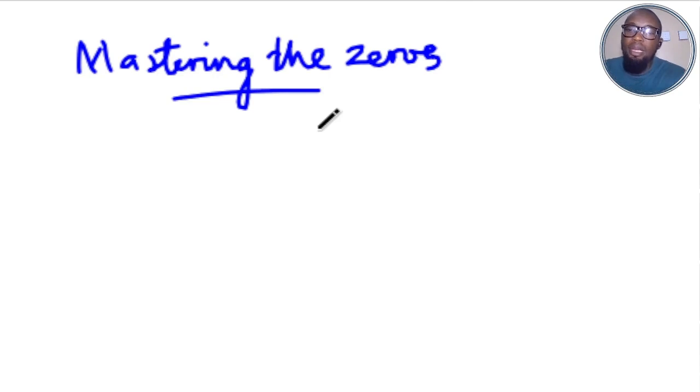So, what do I mean by mastering the zeros? To master your zeros is for you to know the right way to manage zeros in numbers, especially when you are doing simple, basic operations with numbers, be it small figures or large numbers.